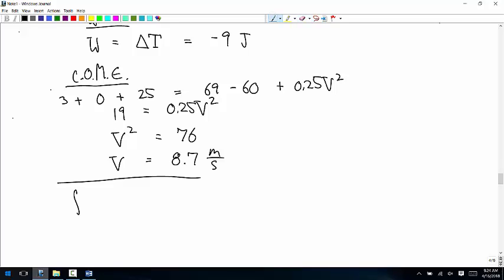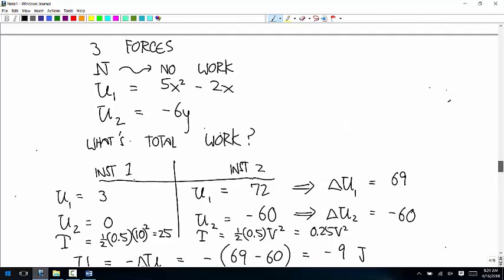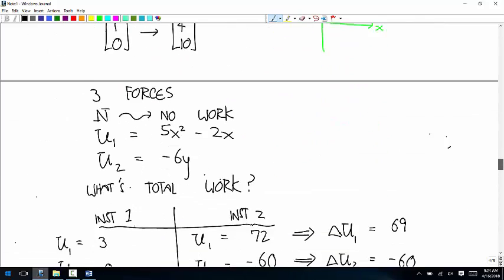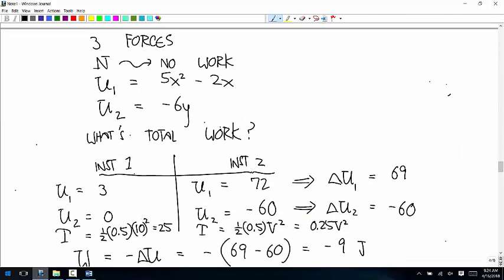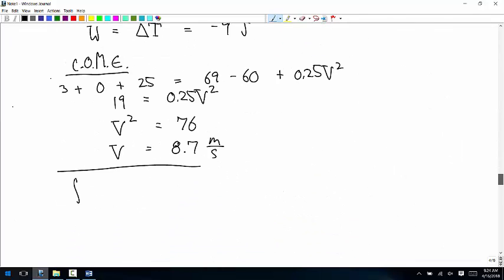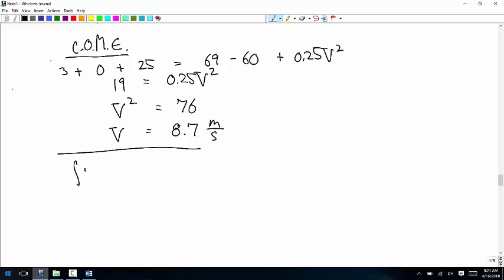So we'll integrate. Where are the two functions? 5x squared minus 2x. So the integral of 5x squared minus 2x with respect to x, going from 1 to 4. And so that's 5 thirds x cubed minus x squared, evaluated from 1 to 4.